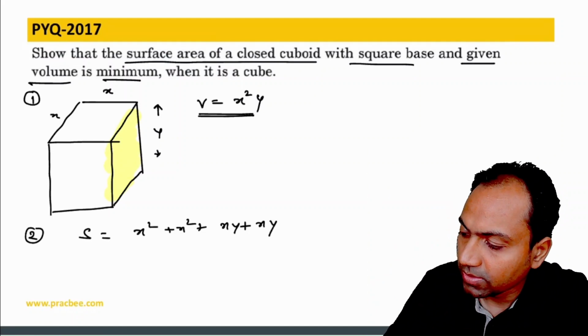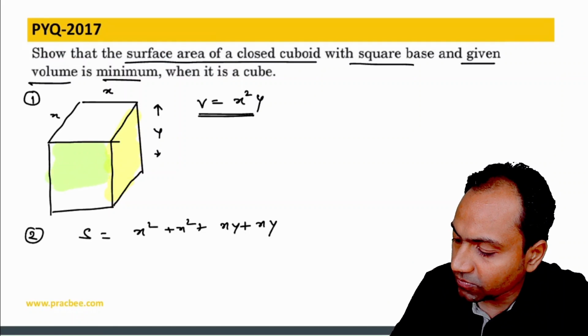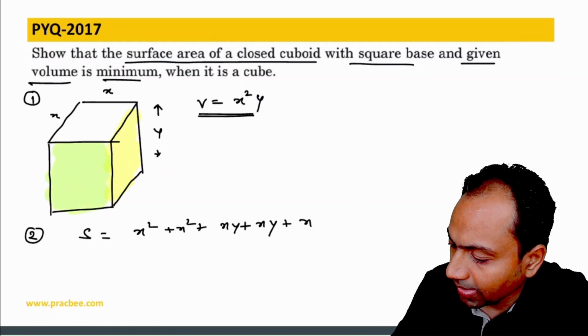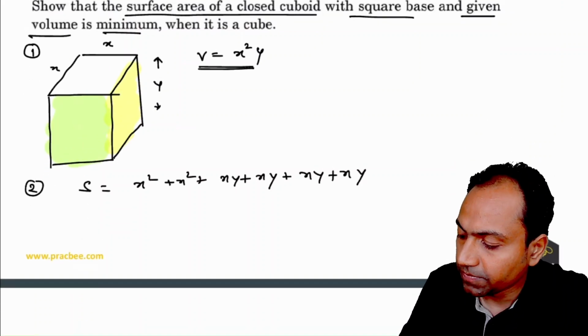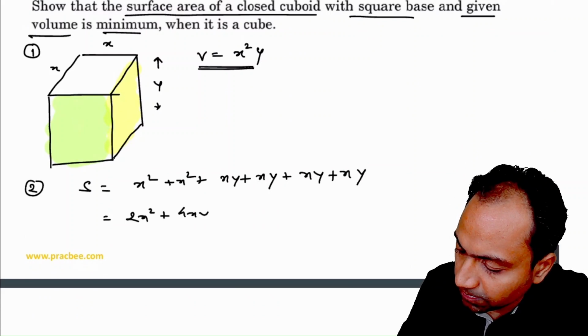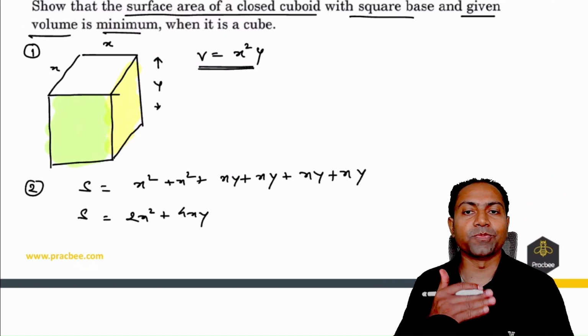This surface will also be x into y, and the front of it will also be x into y. So this is the surface area. If I write it down, it is 2x square plus 4xy. This is our s. Now what we need to do is minimize this function.